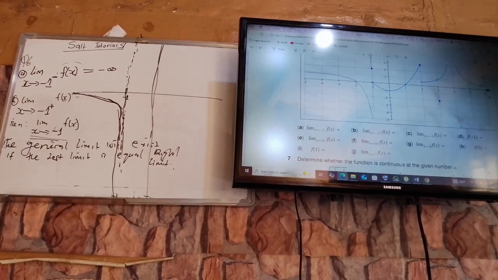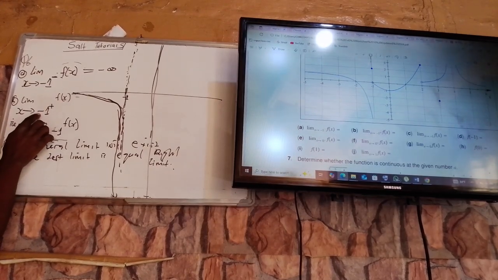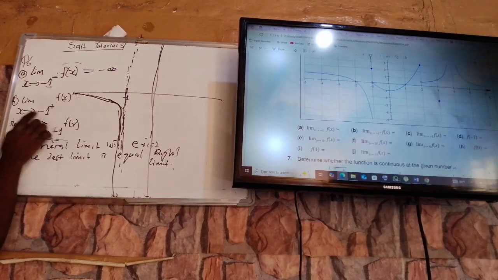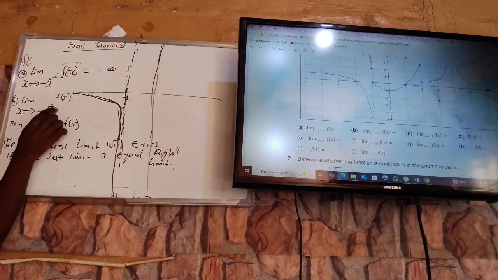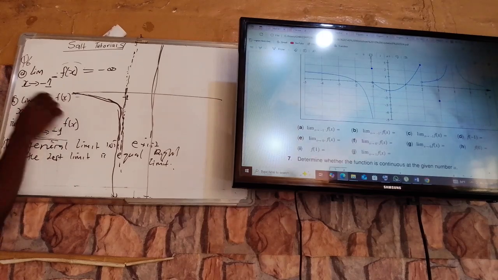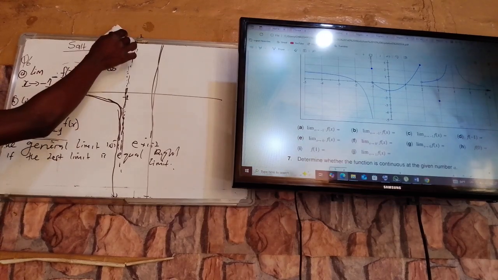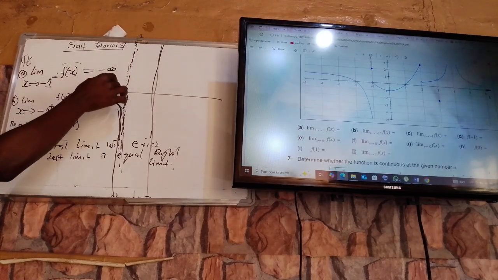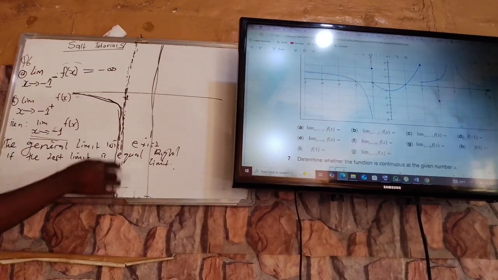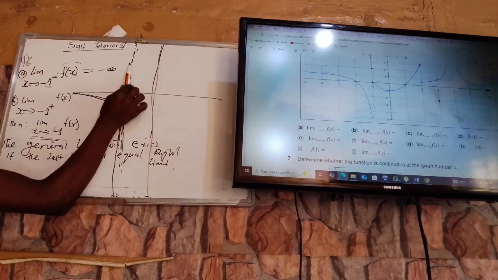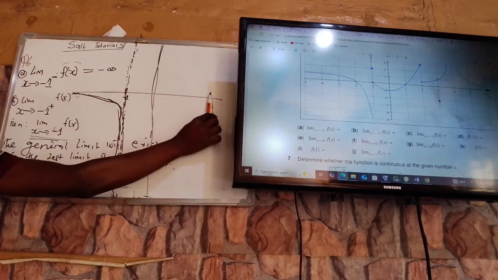But if we are simply saying, locate the limit as x approaches -1 from the right side. If this is the line x equal to -1, the right side means the graph on my right side.